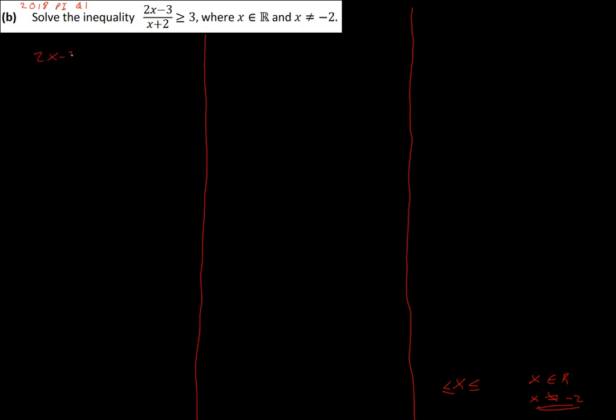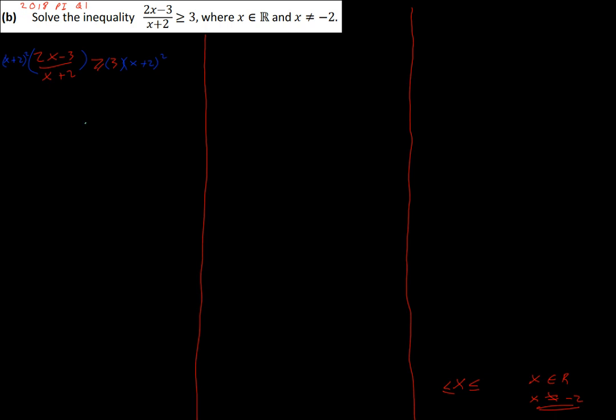We've got (2x minus 3) all over (x plus 2) greater than or equal to 3. Now I'm going to do the key piece that gets me my first block of really good marks here, is recognizing that I must multiply both sides by, sorry, (x plus 2) squared. Why must it be (x plus 2) squared?